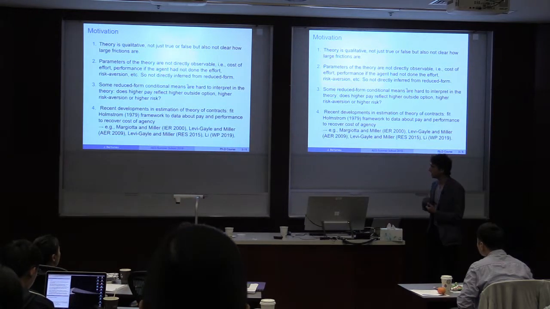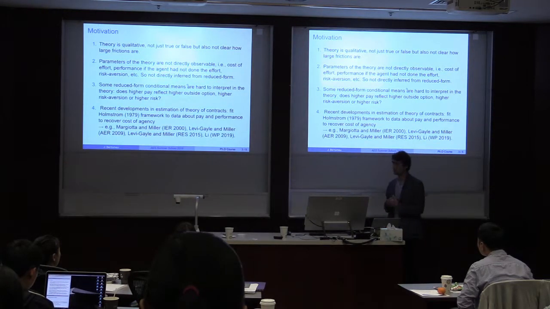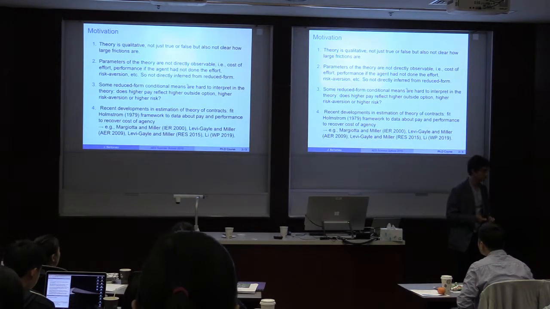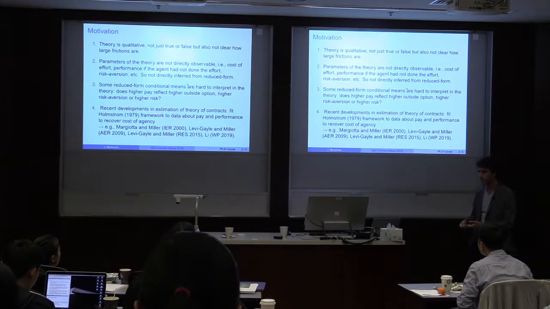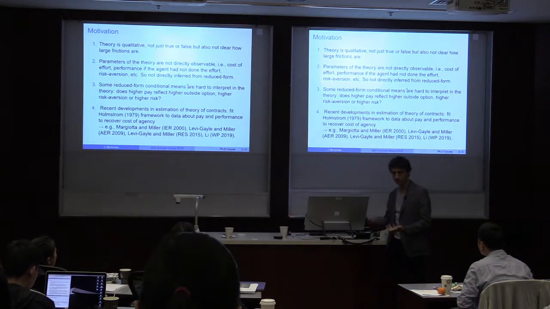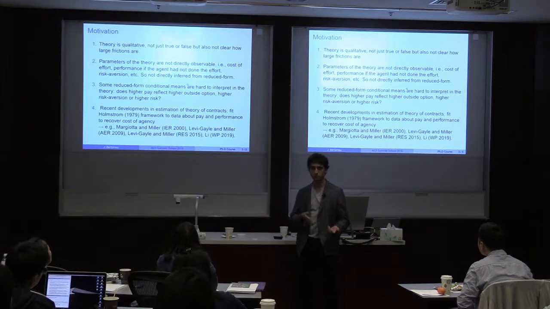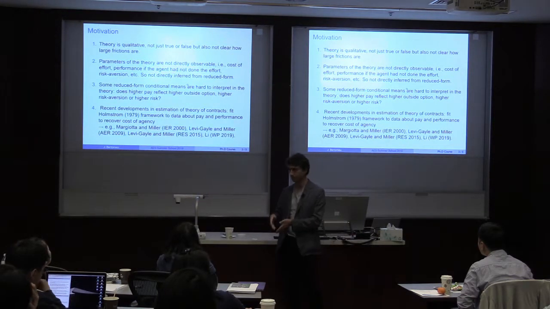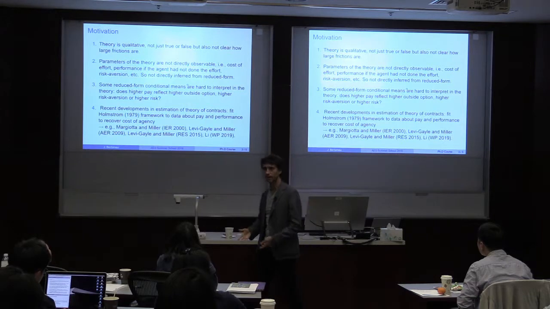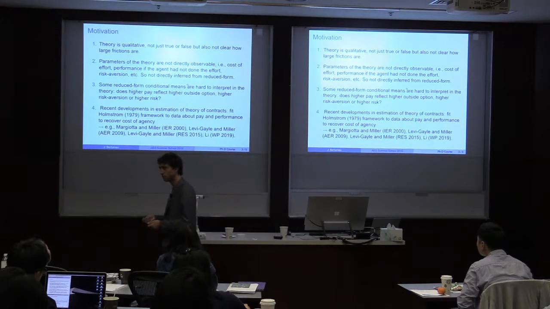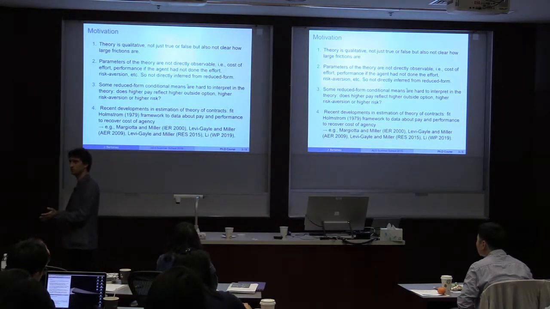Here is an example. If someone gets paid more, is he getting paid more because he's getting a rent? Is he getting paid more because he's got outside options that he actually is using to negotiate? Or is he getting paid more because he's more risk averse, or maybe the riskiness of the performance measure, as we saw today, has increased? Now, in reduced form, you're only going to see an increase in pay.